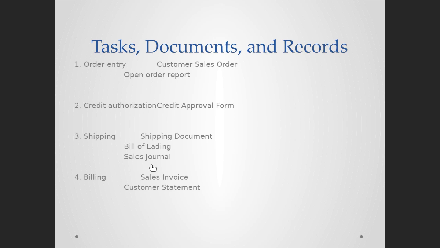Now, if you have a sales journal entry recorded and the date on that journal entry is before the date of the shipping document, that means there's something wrong. The shipping document must come before the recording of this entry. So very important, okay? The shipment must be done first, and then you should record.